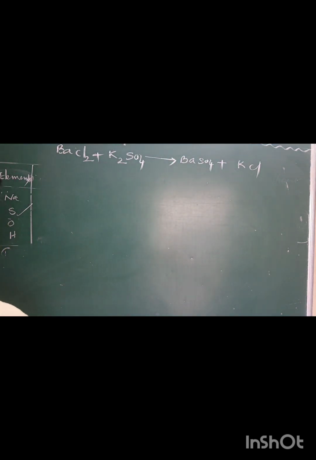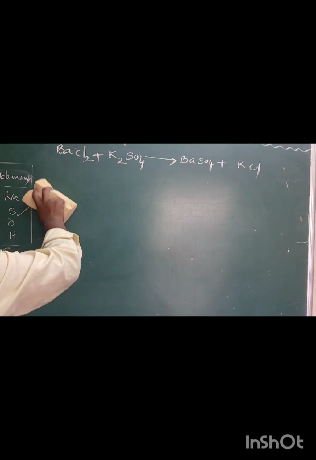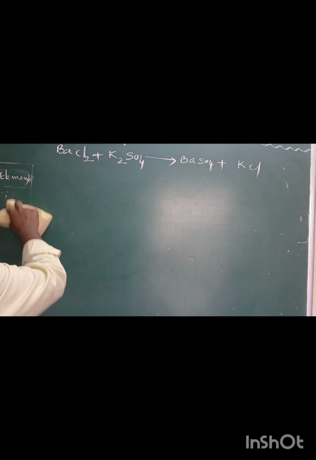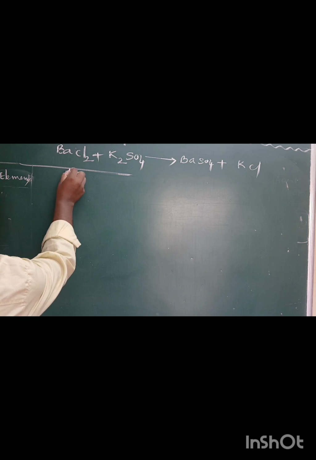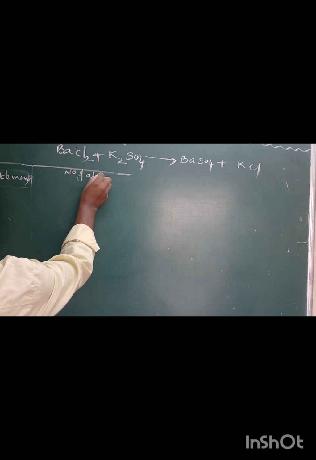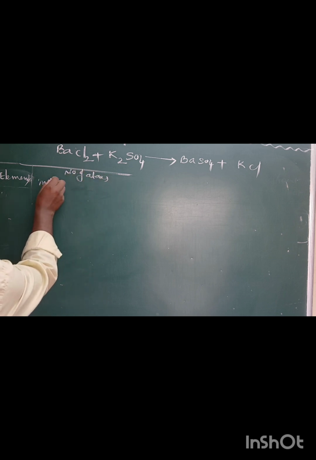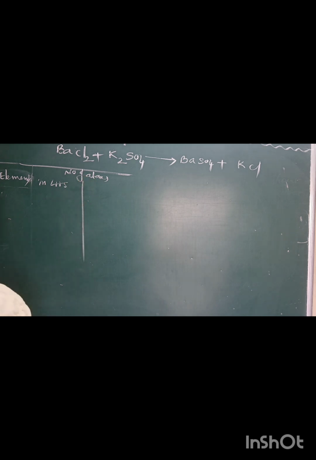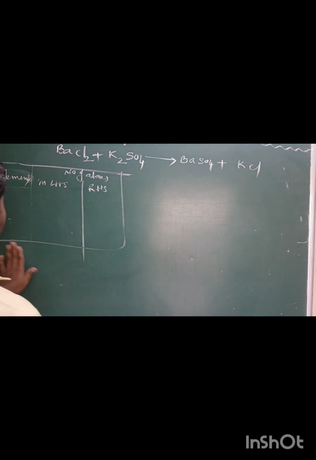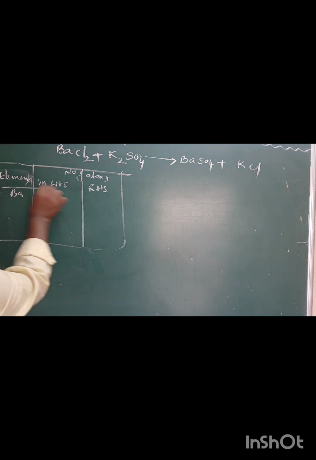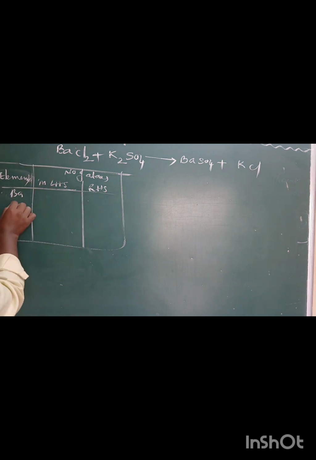This is the chemical equation. In this equation, okay, what are the elements here? You can observe elements, number of atoms in the LHS side and RHS side. How many elements are there here? Barium, potassium, chlorine, sulfur, oxygen. 5 elements are there.